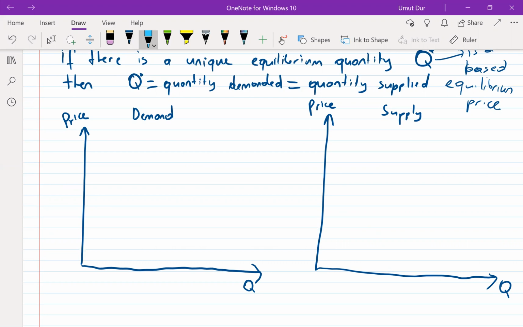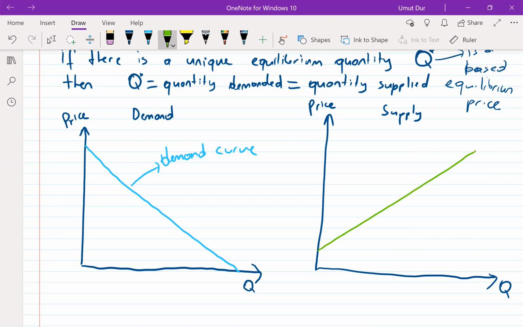The demand curve is some kind of a downward sloping curve, right? This is the demand curve, and this is the supply curve.